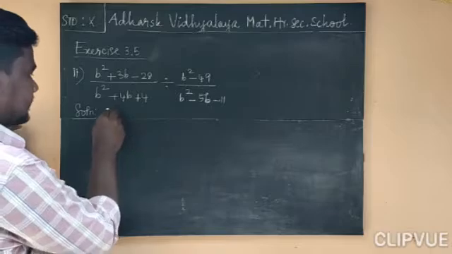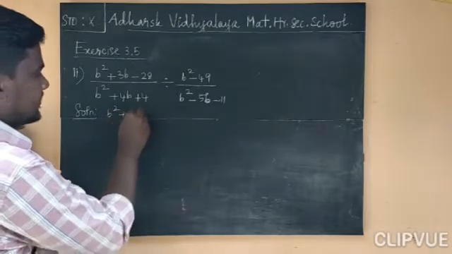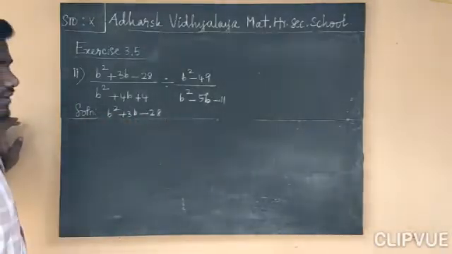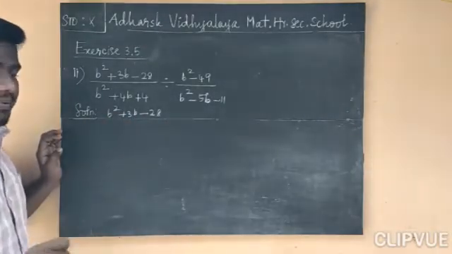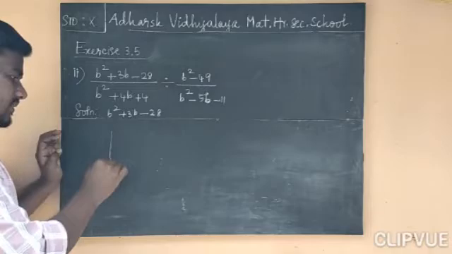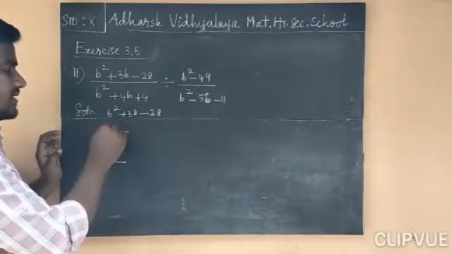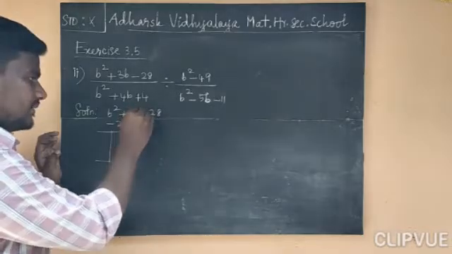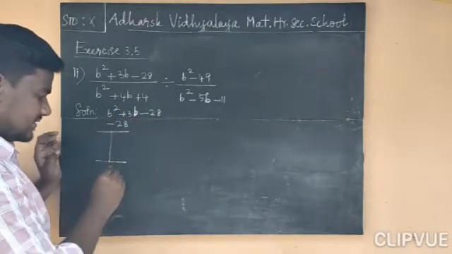Take this b square plus 3b minus 28. To find the factors of the quadratic polynomial, first we take the constant term. The constant term is minus 28. Next, the coefficient of b is 3.